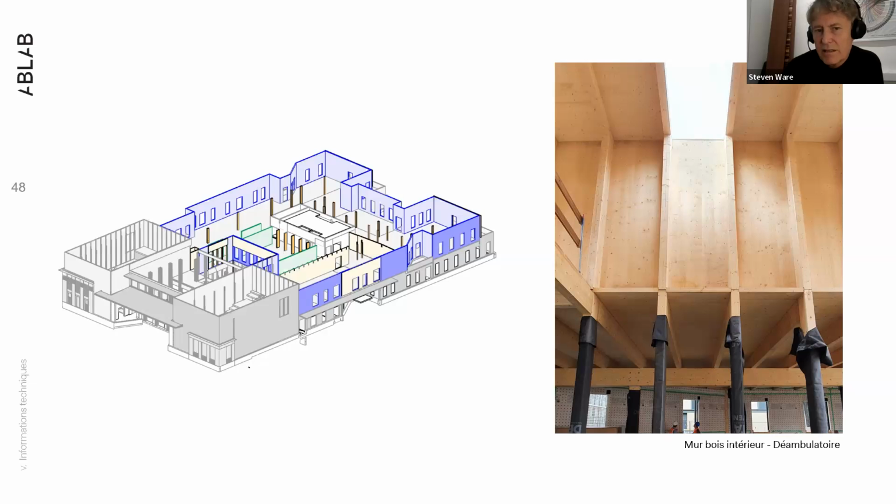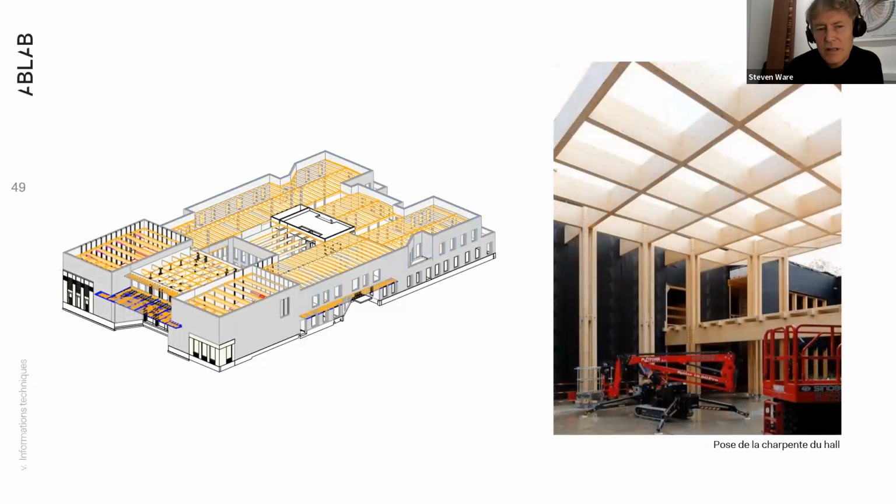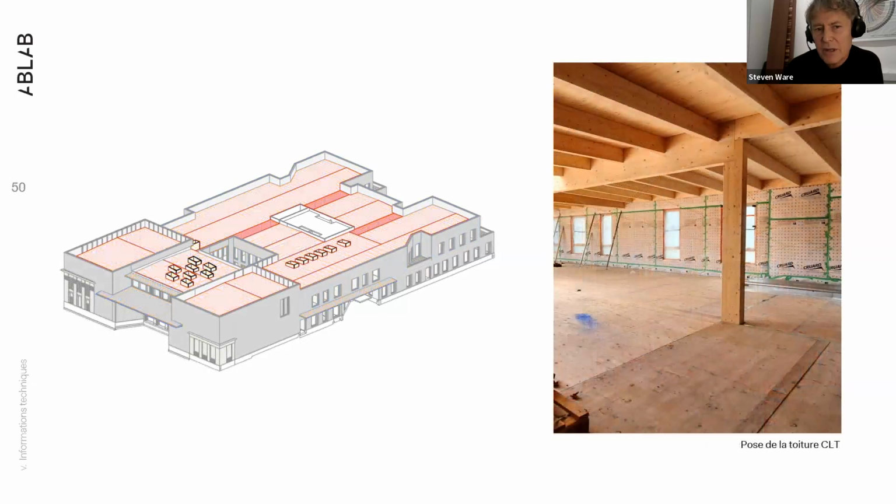It's not common practice in France, and so we had to literally create an encyclopedia of details in order to convince the building controllers that there wouldn't be any problems of infiltration or movement or settlement between the two load-bearing elements, the brick carrying its own load, the wood carrying the rest of the construction.